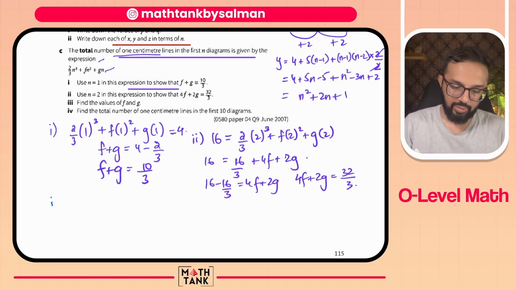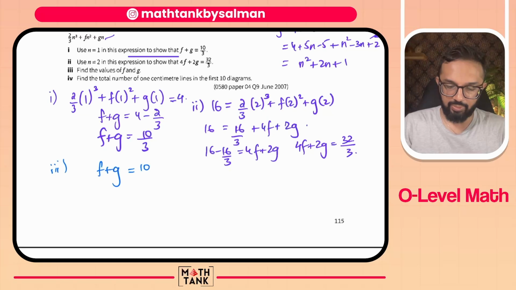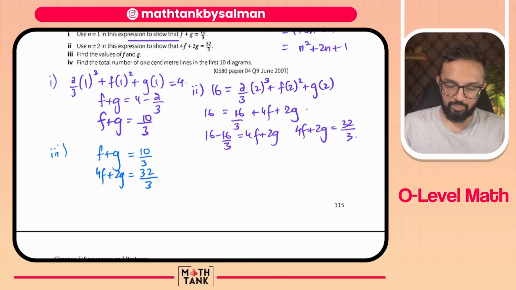It says part 3, find the values of f and g. So I can have a lot of topics merged into this idea, and it's very important to understand this topic. So I have f plus g equals 10 over 3 and 4f plus 2g equals 32 over 3. I can just eliminate g by elimination.